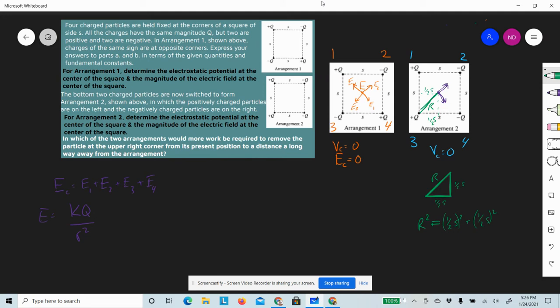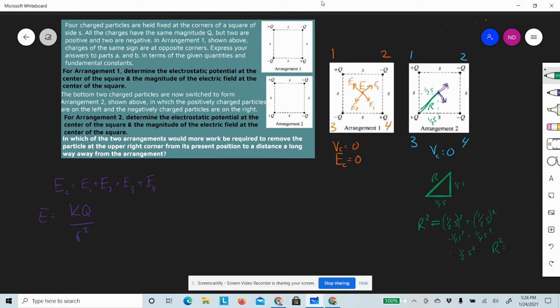Doing the math, a quarter S squared and a quarter S squared: 1/4 S squared plus 1/4 S squared equals 1/2 S squared, or S squared over 2.